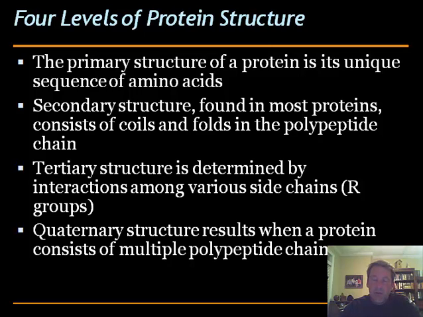We look at how they fit in all their folds and fit together in the chains. And then a quaternary structure is when you have multiple chains of amino acids that end up hooking together. So that's in your complex proteins there.